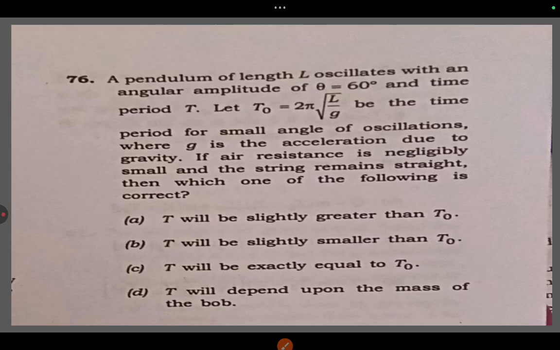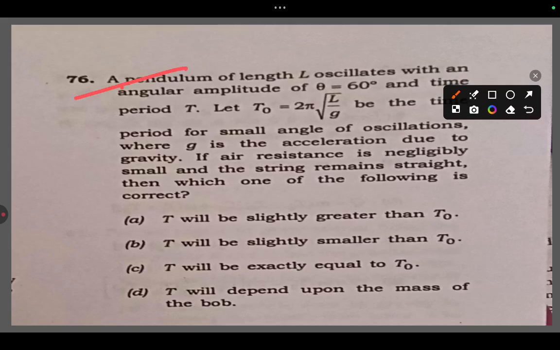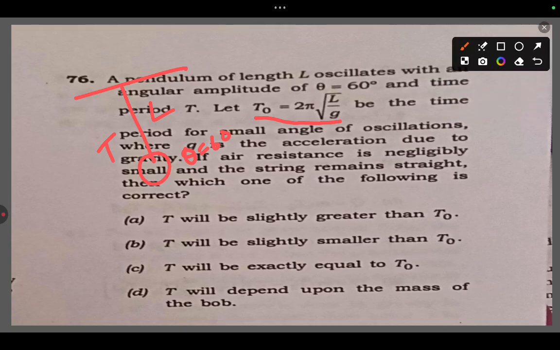Here is question 76: A pendulum of length L oscillates with an angular amplitude theta equal to 60 degrees, and the time period is T. Let T naught equal to pi root L by g be the time period for small angle oscillations, where g is the acceleration due to gravity. If air resistance is negligible and the string remains straight, then which of the following is correct?